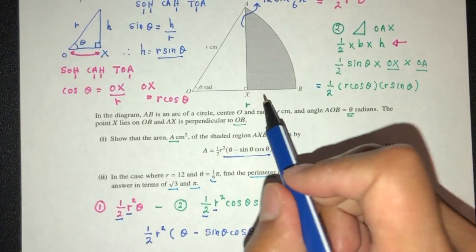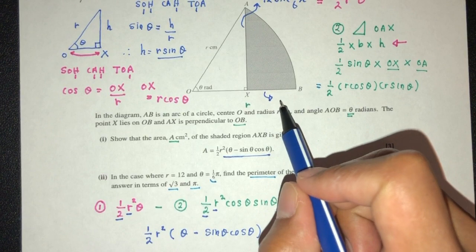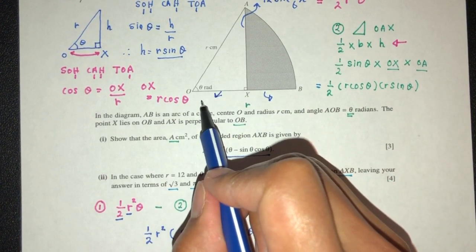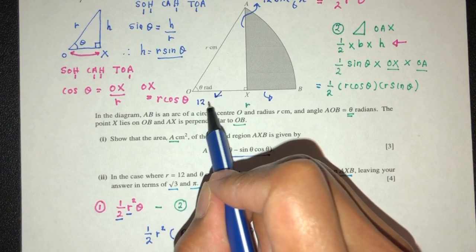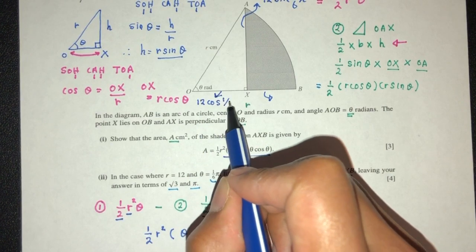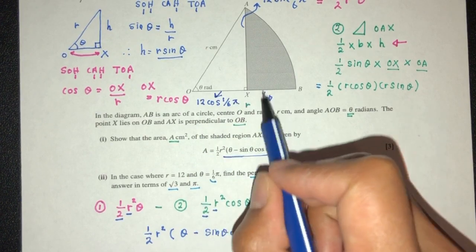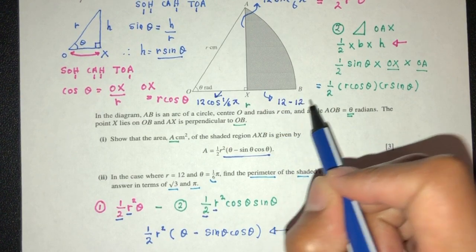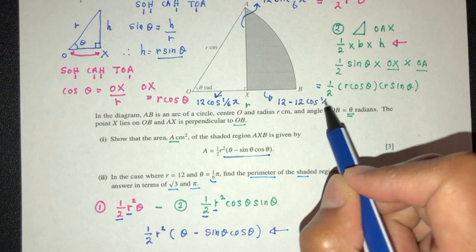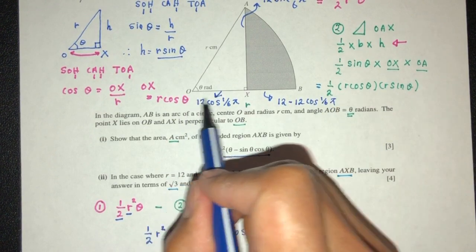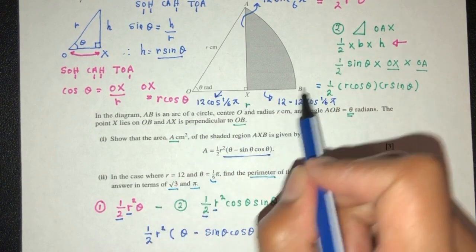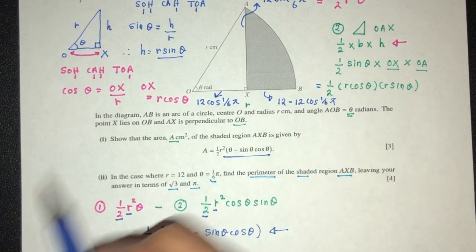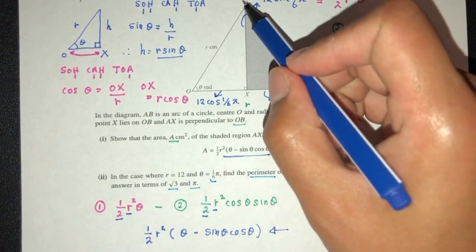And this one was found to be r cos theta, which means this has to be 12 minus 12 cos theta, because this whole thing here is the 12 radius. We know this is this, so this will be the remaining part. How about AB?